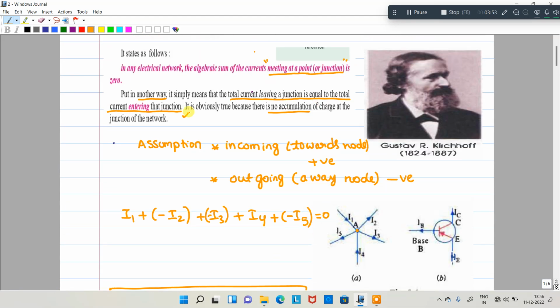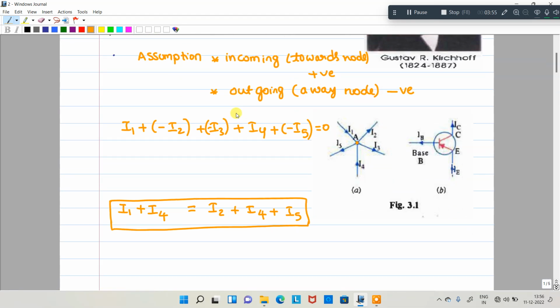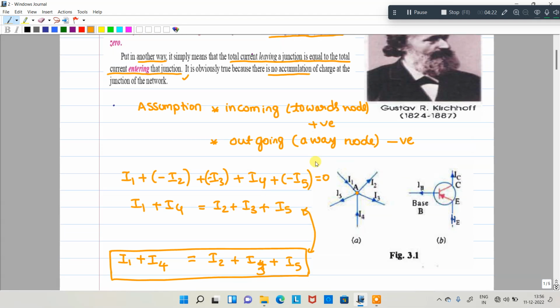Okay, this is also proven, so both statements are the same. Further, I1 plus I4 minus I2 minus I3 minus I5 equals 0, and on the right-hand side it is I2 plus I3 plus I5. Are both the same or not? Both are the same. So both statements are the same.